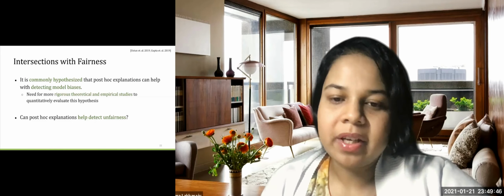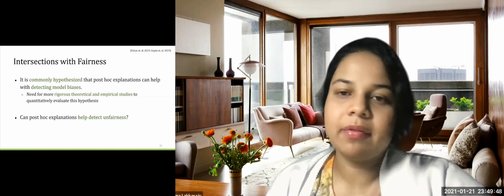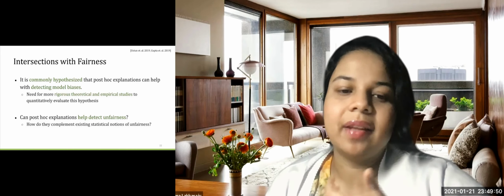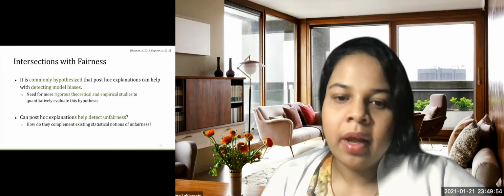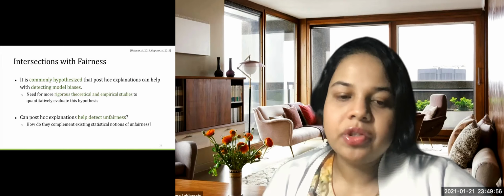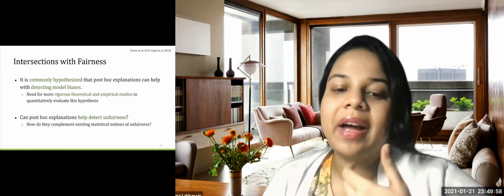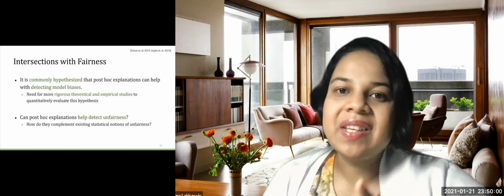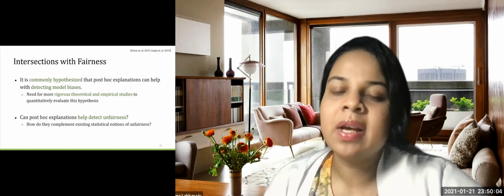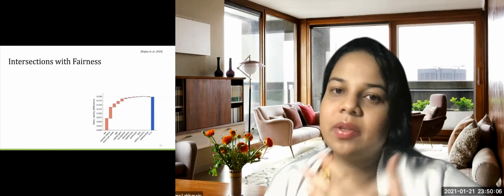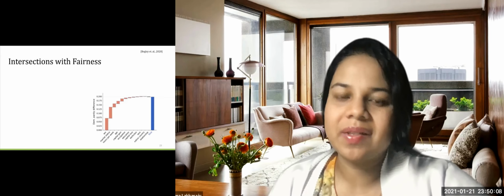Can post hoc explanations help detect unfairness is of course a valid question to ask, and some of the works also explore that. In addition, we also need to think about what notions of unfairness these biases exposed by post hoc explanations help us identify. So that is another critical question to answer.